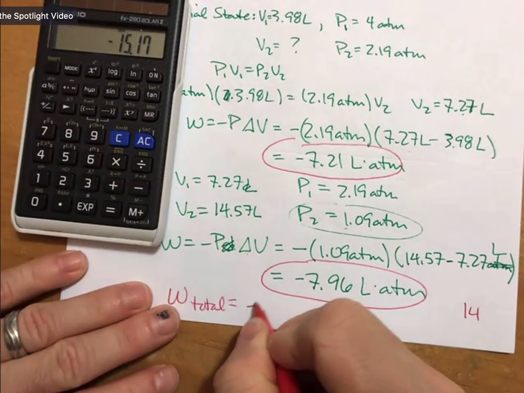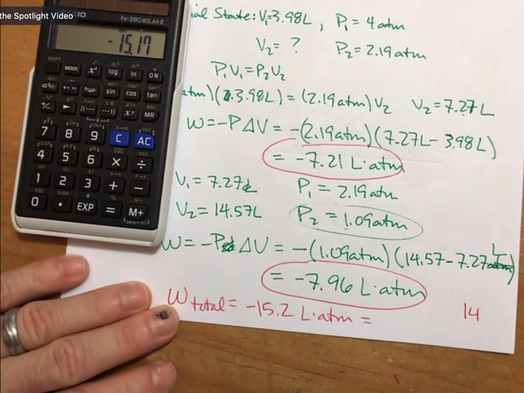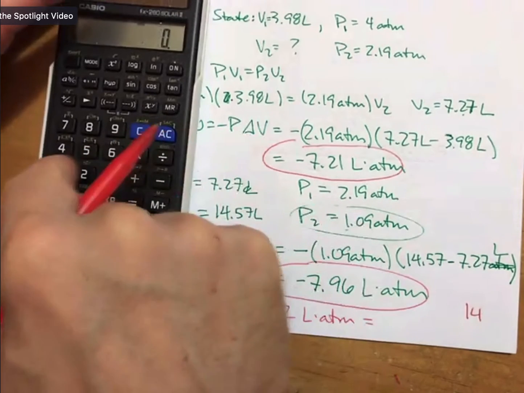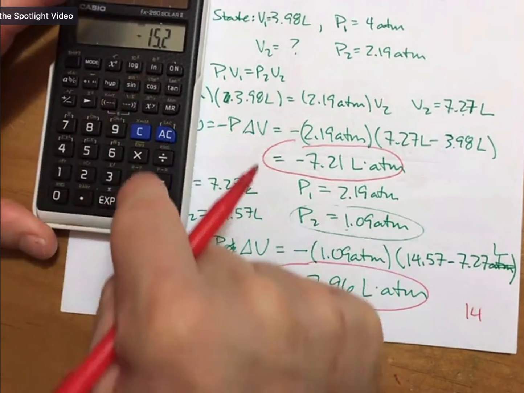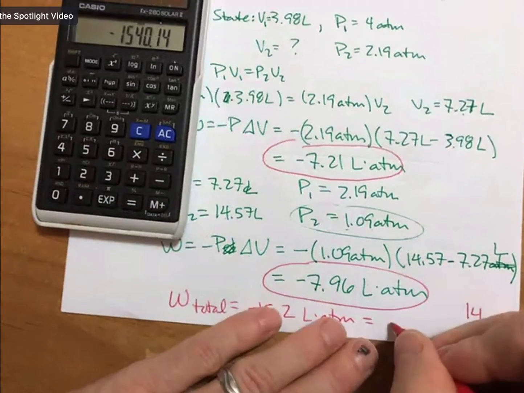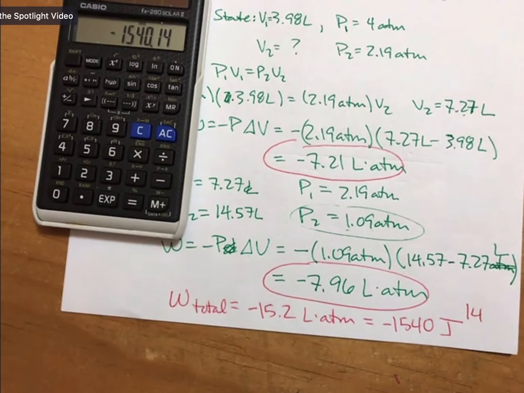I get minus 15.2 liter atmospheres, which I then multiply times 101.325 to get minus 1540 joules. Any questions so far?